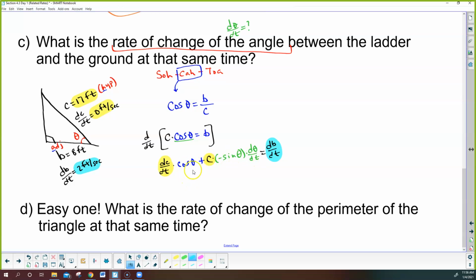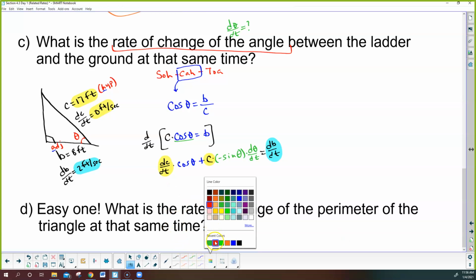Now you have a couple of options. You technically don't need to know that, right? You could do it, but isn't cosine of theta just equal to the ratio of the adjacent over the hypotenuse? So isn't cosine of theta really just 8 over 17?